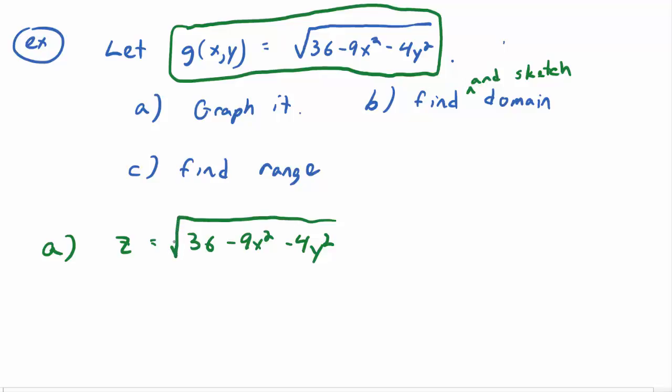And then I think if you square both sides, it'll help you recognize it. So if you square both sides, do you see that you get z squared is equal to 36 minus 9x squared minus 4y squared? Does everybody see that?